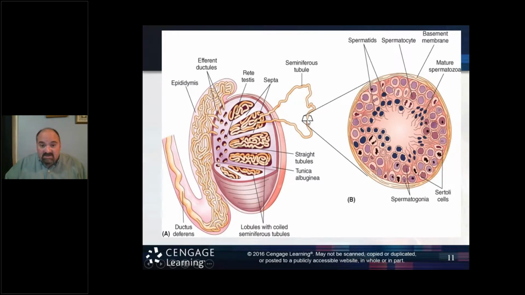And you're seeing here a cross section of the seminiferous tubules, where you see the immature cells beginning here as far as spermatogenesis is concerned, and moving out into the lumen of the seminiferous tubule.